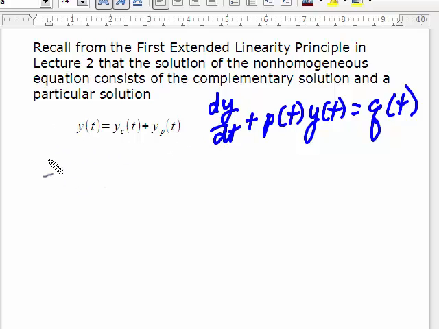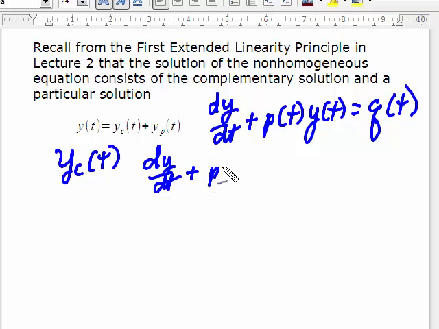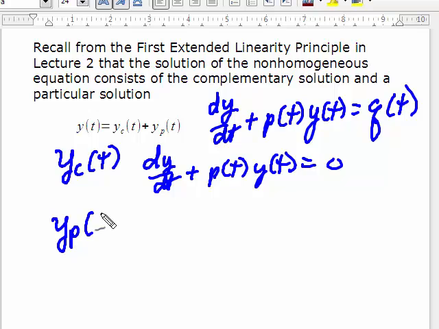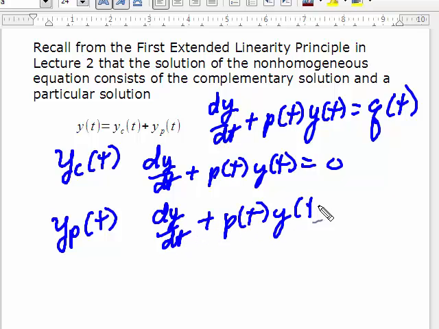Then we could take the complementary solution, which is the solution of the same equation with q of t set to 0, and then we could take the particular solution, which is the solution of the same equation with q of t not being 0.